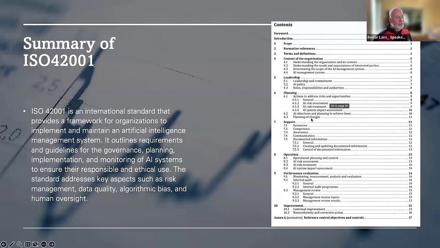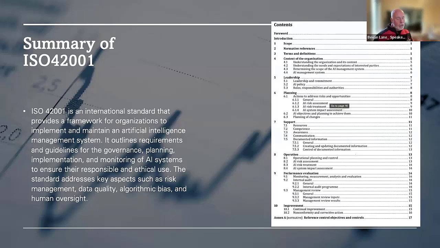The other thing that is important is that you've got separate controls. You've got controls that are specific to artificial intelligence in the Annex A. And those controls talk about things like ethics, things like making sure that you understand your environment and that you've actually looked at the gaps in terms of how you're using artificial intelligence. There is a very strong correlation, obviously, between development and artificial intelligence in most of these cases.